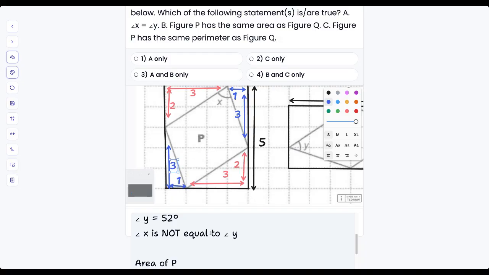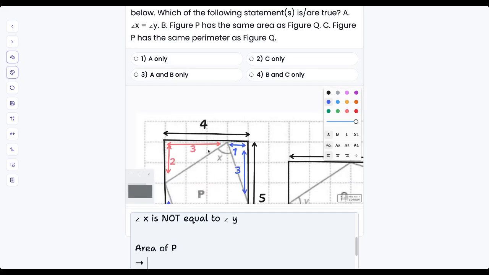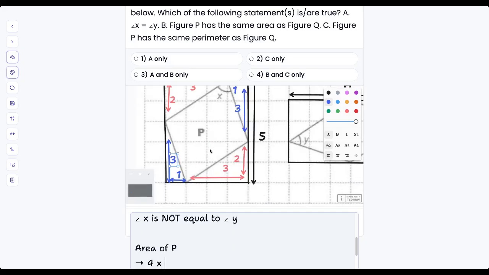Okay, so now with this, area of P is equal to, in this case, 4 times 5, right? And then we minus the black box.